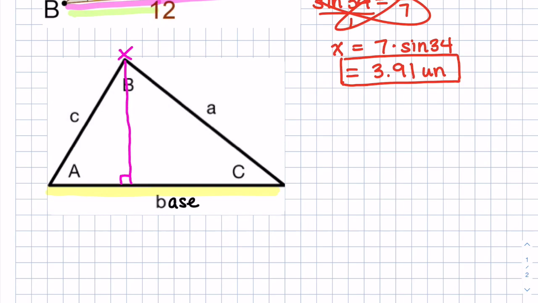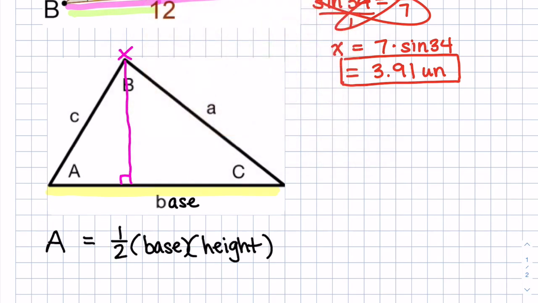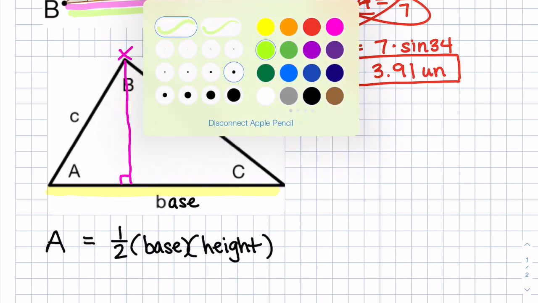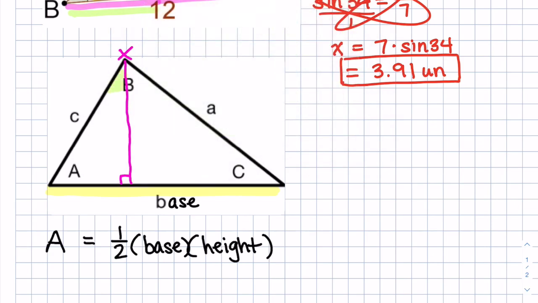Okay, so remember that the area of the triangle overall is 1/2 base times height. So I'm going to play around with this green triangle for a second and see what we can come up with.